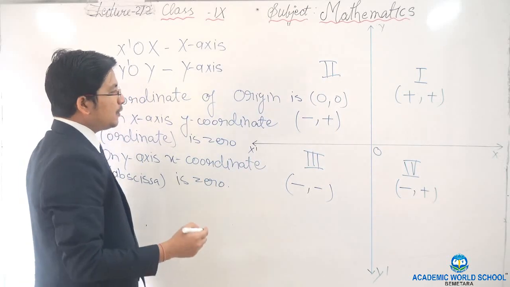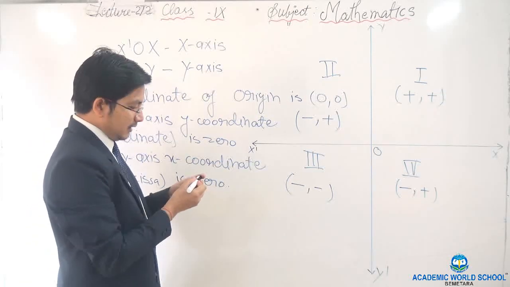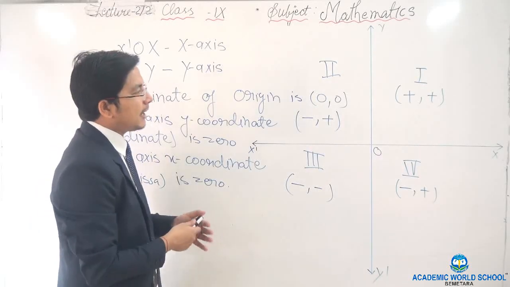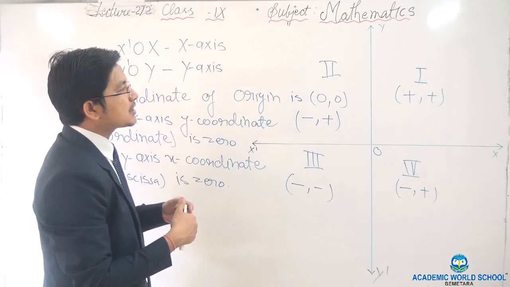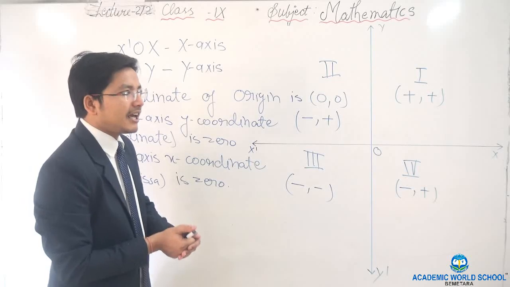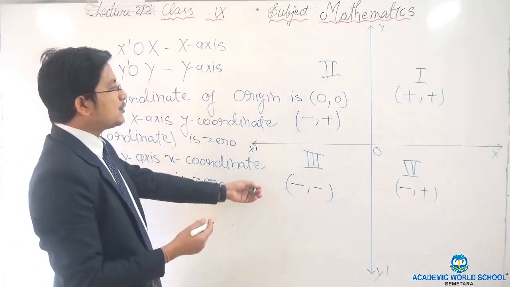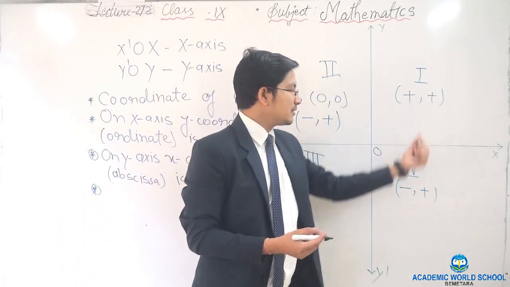Now if we have points and we have to identify in which quadrant they are lying, then what we have to do is identify their signs.